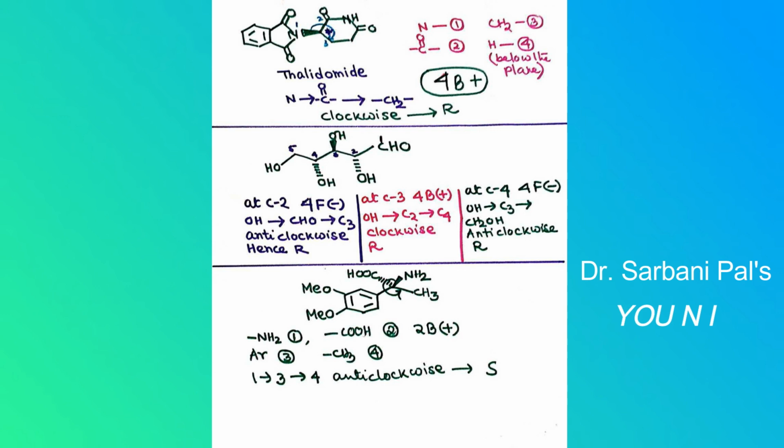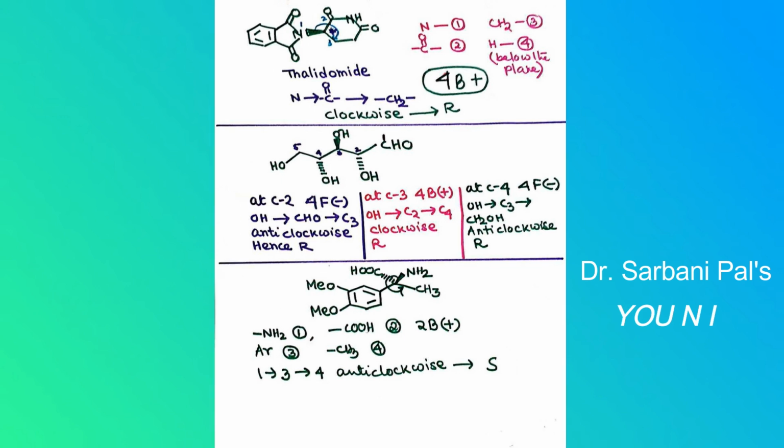Now, in order to show the utility of this mnemonic table, I have taken thalidomide as an example, where the carbon attached to the nitrogen is the chiral center. Nitrogen has the first priority, the second is the C double bond O, the third is the ring, which is attached with the CH2, opposite to the C double bond O, and hydrogen is the fourth priority.